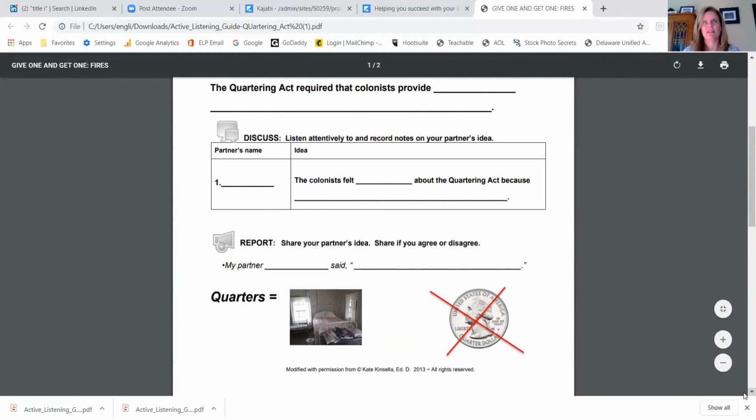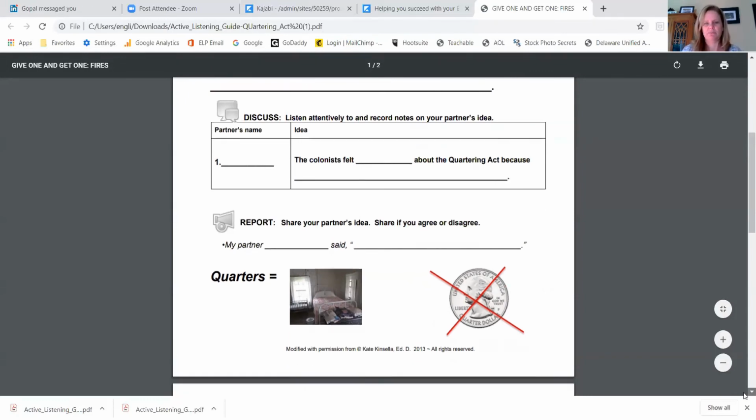And they love that. They love sounding smart. This one has a little reminder that in this case, quarters is a multiple meaning word. So quarters in this means housing, versus quarters they might know about in money. So there's a little reminder there that would help the discussion.